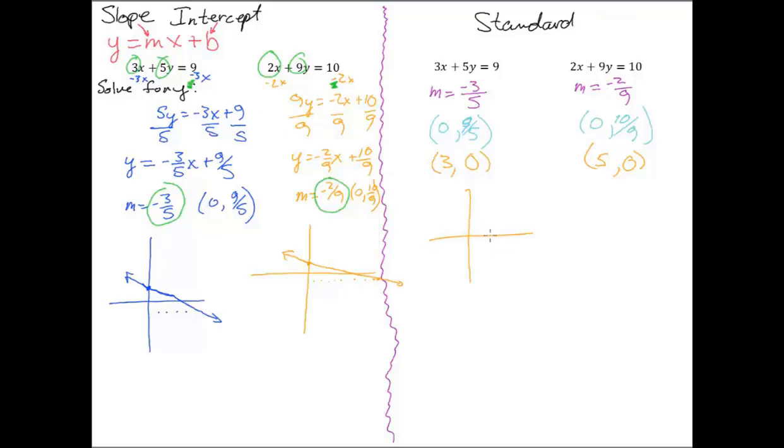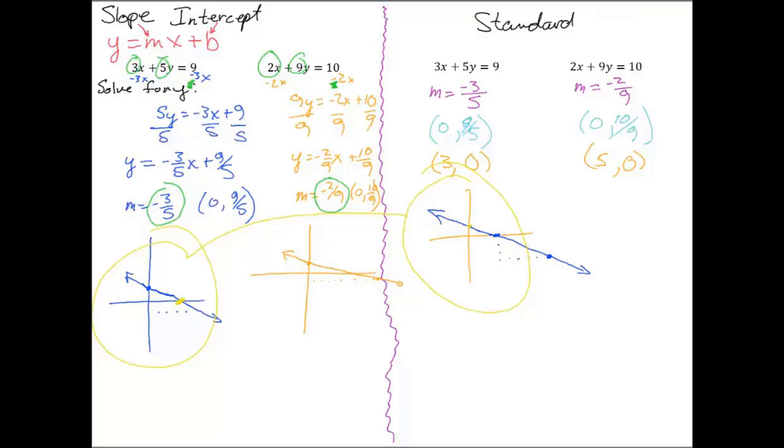Or you could graph 3, 0, which is about right here, and then go down 3, 1, 2, 3, 1, 2, 3, 4, 5, 3/5, and there's our line. Now, I don't know if you can tell, but this line and this line are exactly the same thing. We just started on that point right there instead of the point up here, the x-intercept, y-intercept.